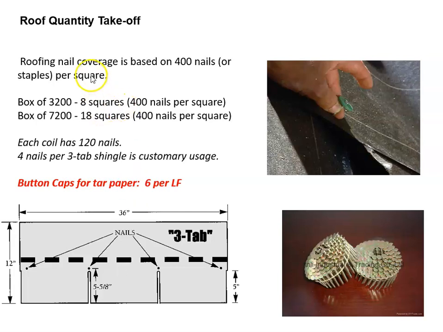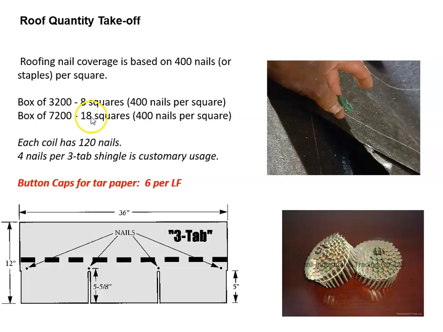Okay, nails, very important. So again, this is kind of a rule of thumb just based on squares. So roughly figuring about 400 nails or staples per square. So a box of 3,200 nails will cover 8 squares. A box of 7,200 would cover 18 squares.